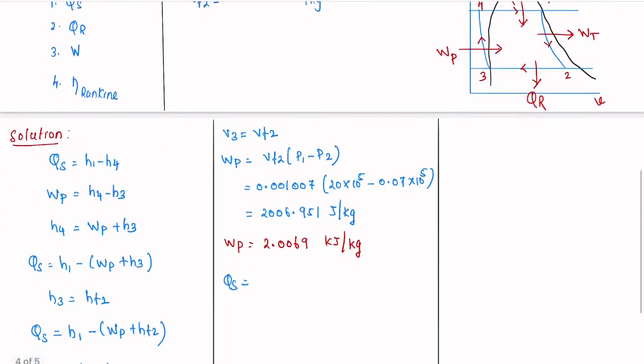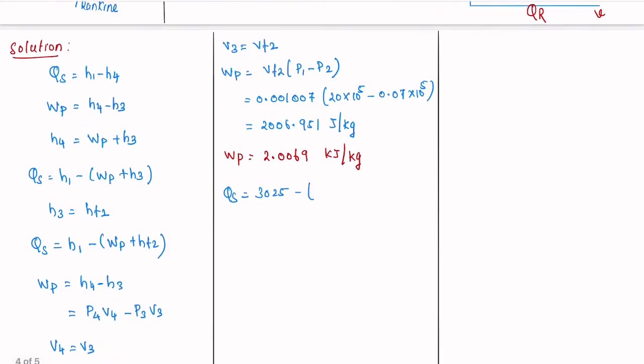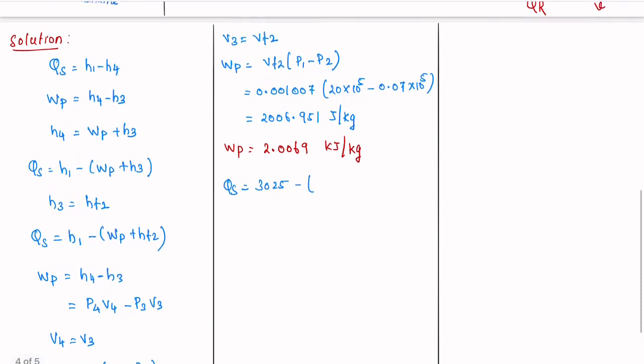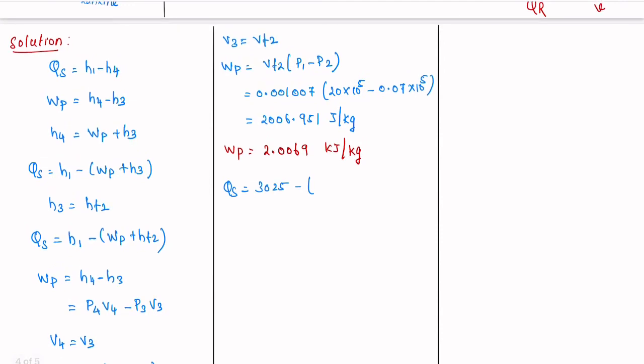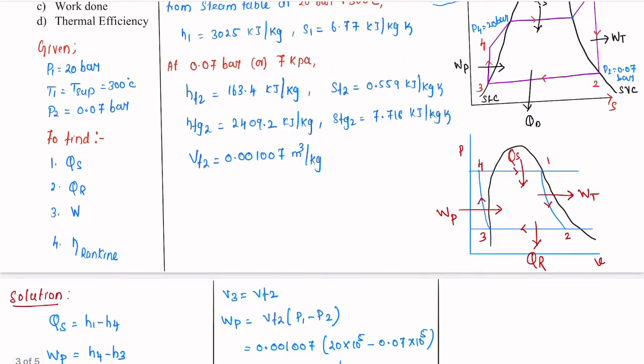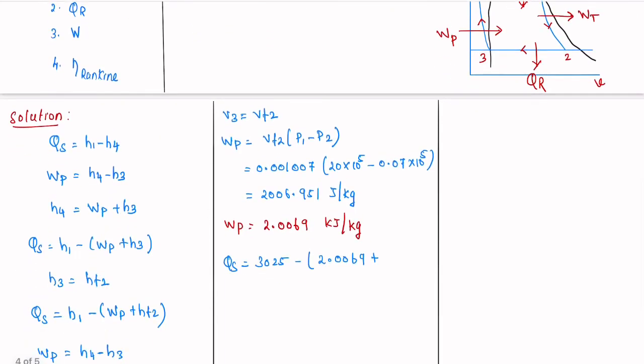On substituting that value here, H1 is equal to 3025 minus the value of WP, which we have calculated as 2.0069, plus the value of HF2, calculated from the steam table as 163.4 kilojoule per kg.